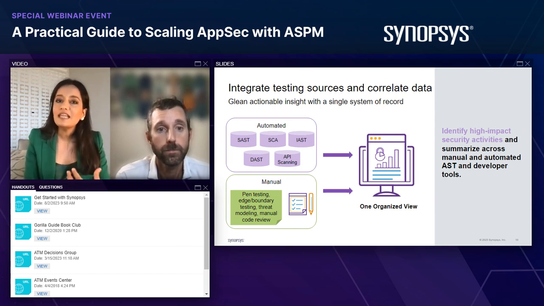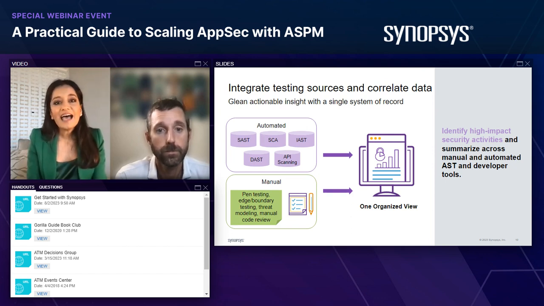So being able to integrate these key sources of information across what actually makes up my software, the structure of that, and reconciling that with testing results. A good ASPM solution gives you that total sense of the truth.